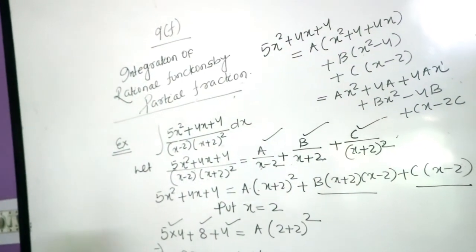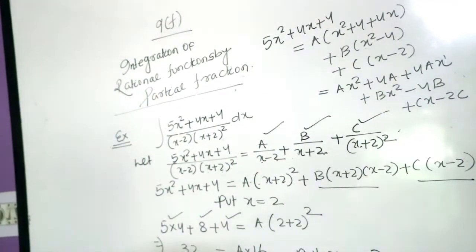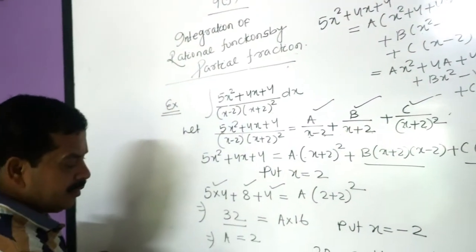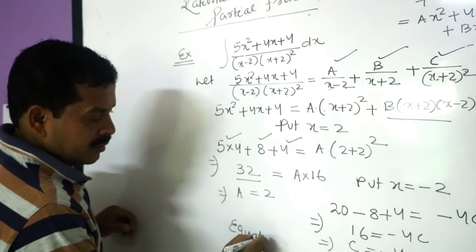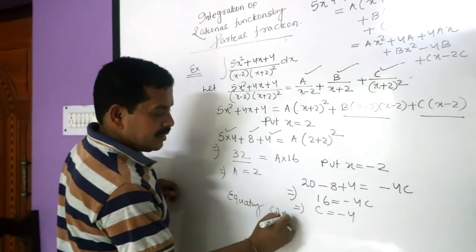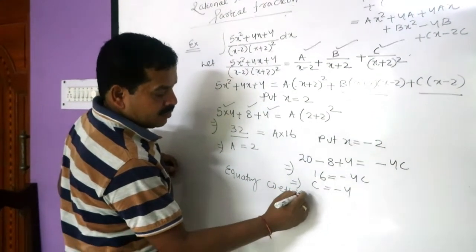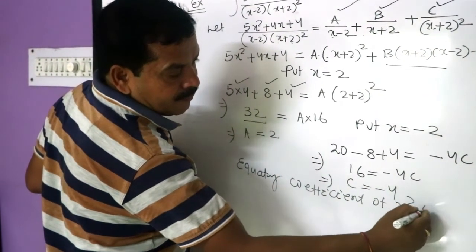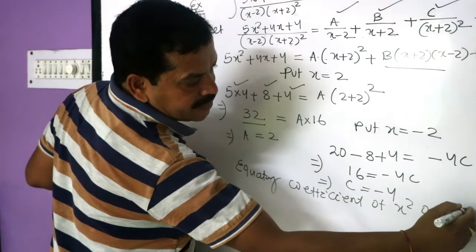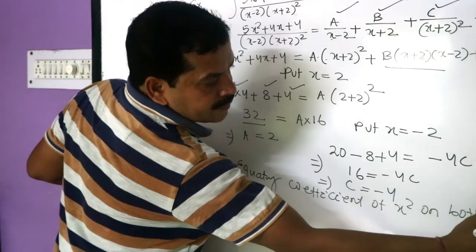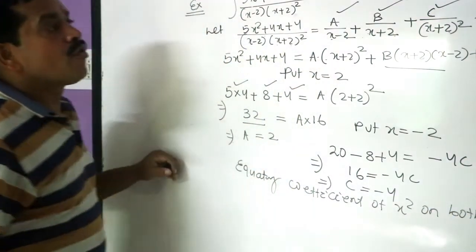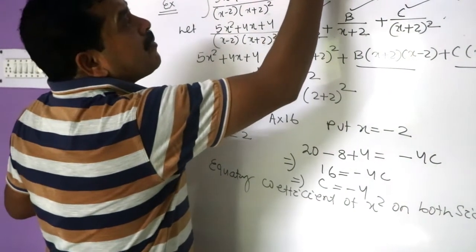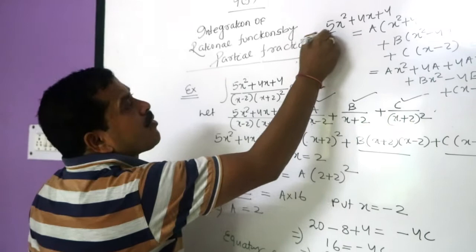Now we can equate the coefficient of x square on both sides. In the left hand side, the coefficient of x square is 5.